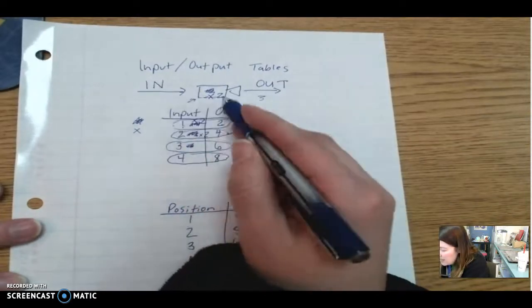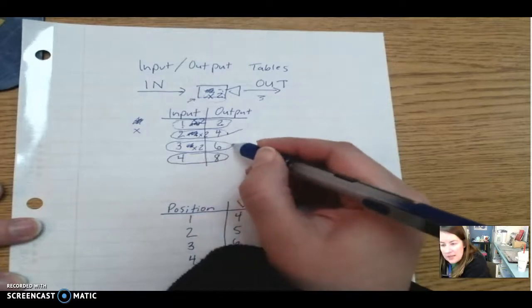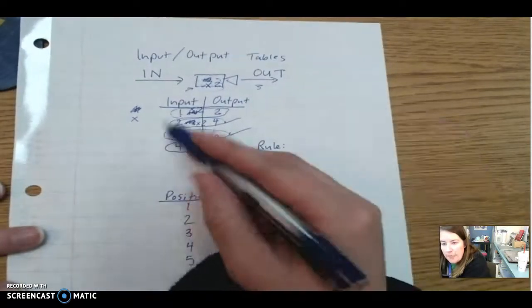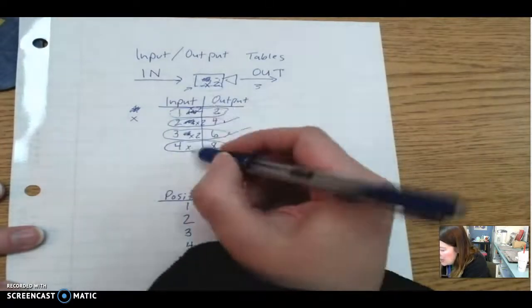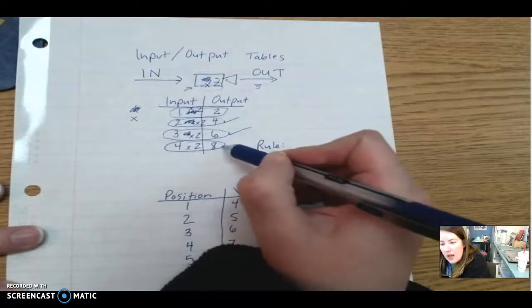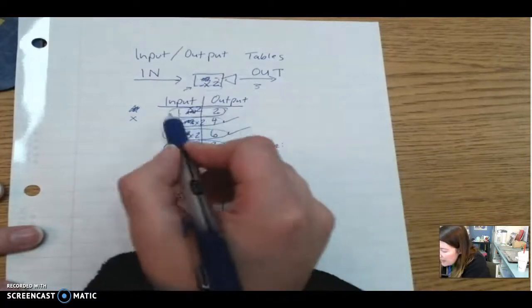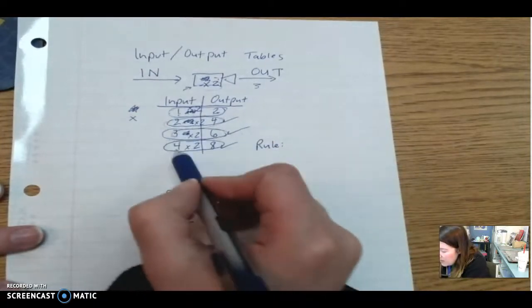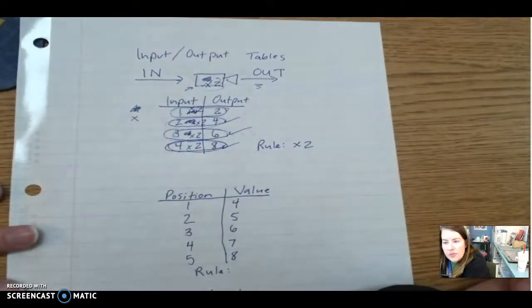Put a 3 in, the number machine multiplies times 2. 3 times 2 is 6. That works as well. Let's try this next one. Put a 4 into the number machine, it multiplies by 2, out pops an 8. That does match. So the rule that this input-output table is following, every single time, is multiplying times 2.